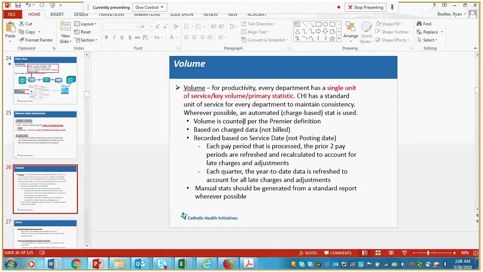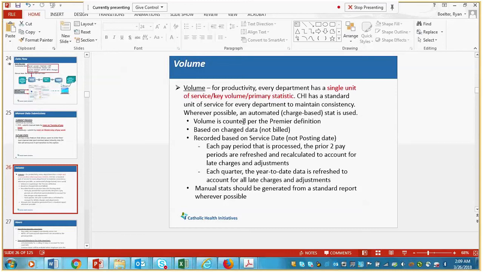So basically, let's say pay period ended March 10th, the pay period would be February 25th through March 10th. Well, any charges that were posted with a service date between January 28th and March 10th would be counted this time.